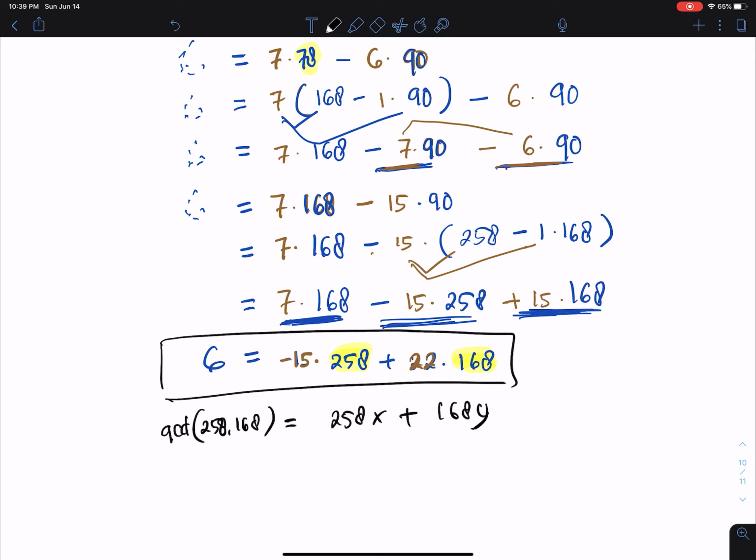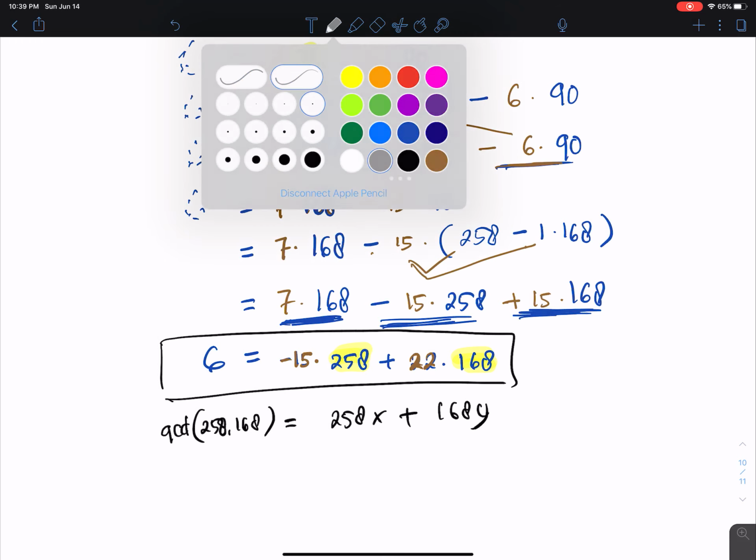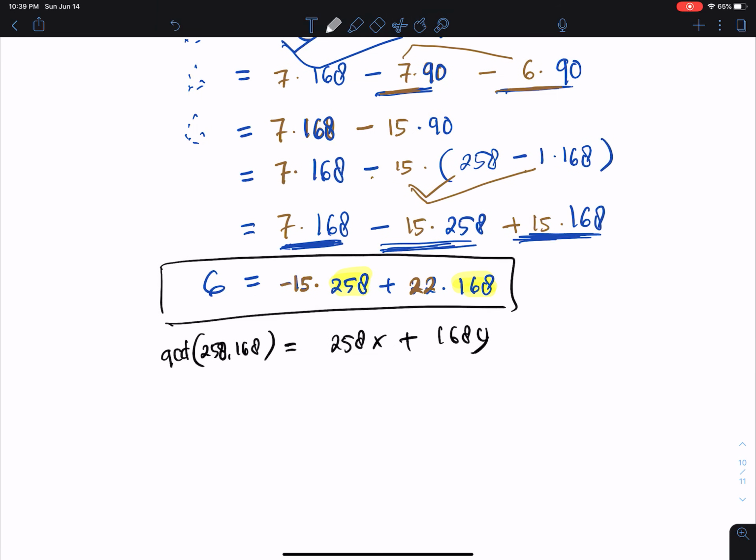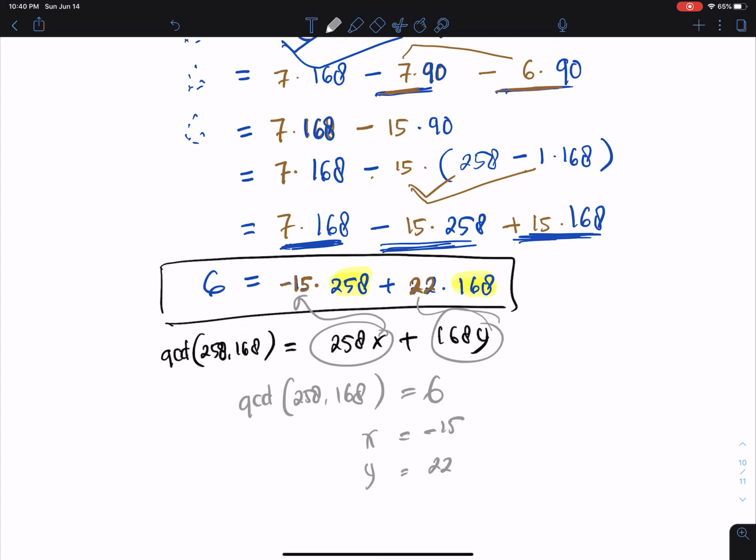So if you are looking at here, the GCD of 258 and 168 will be 6. And what will our x be here? Our x will be minus 15, and our y will be 22.